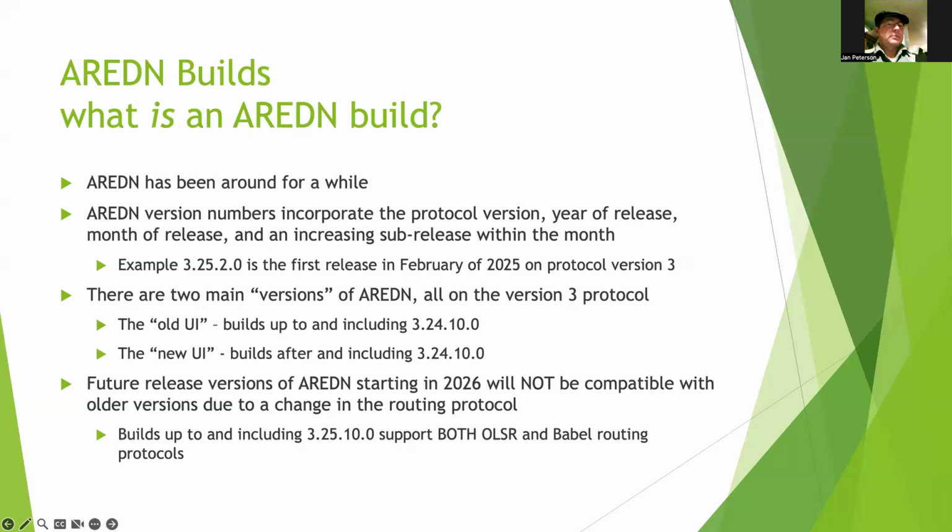February is the second month, so that's the 2, and 0 is the first build or release build in February. If they had discovered something weirdly terrible, horrific in that build, they would have created a .1 release build, but they didn't. And the 3 is the protocol version, version 3 of the protocol.